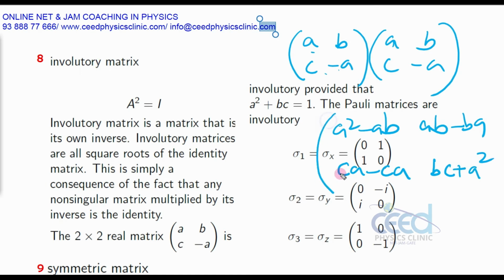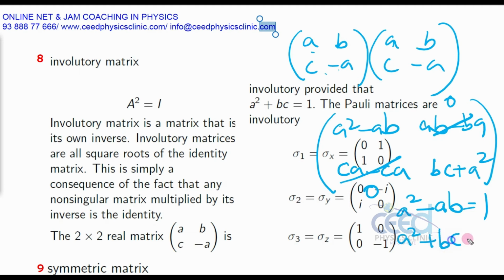So this is equal to 0 and this is equal to 0. If this should be equal to I, then only it is involutory. So you can impose two conditions: A square plus BC is equal to 1, and A square plus BC also equal to 1.